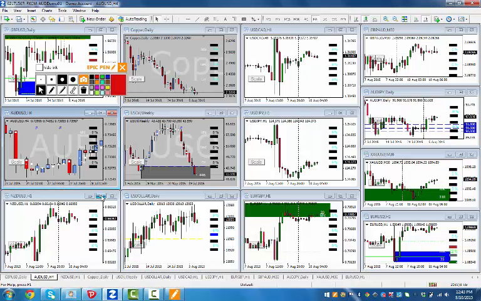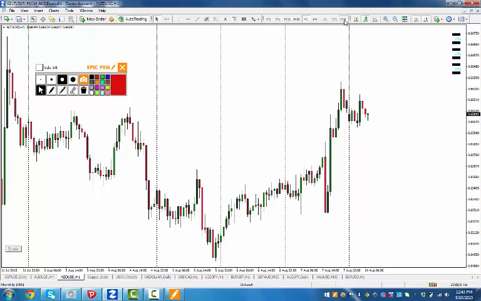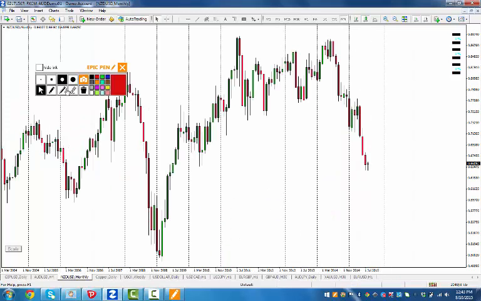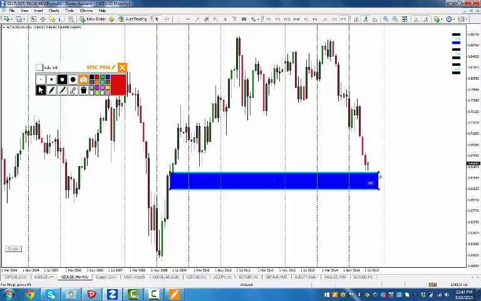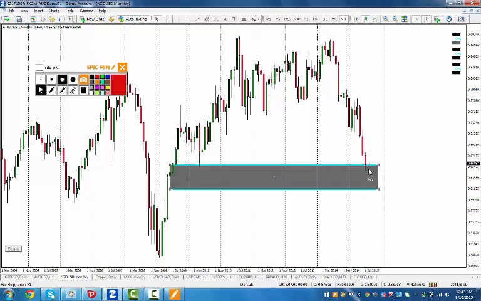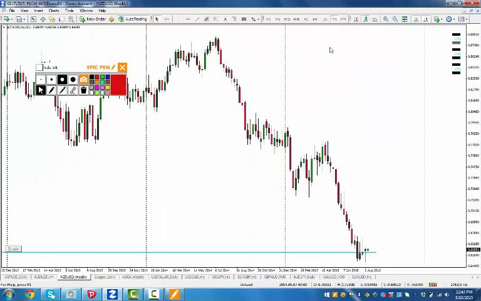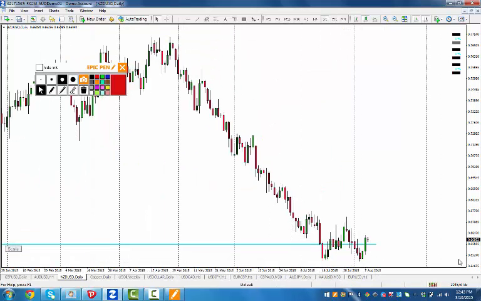Next, move on to the New Zealand dollar. Monthly we are down, right? And then you can see that the demand is here. The price came into this demand. Weekly down, daily, right? So daily is actually basically no direction.